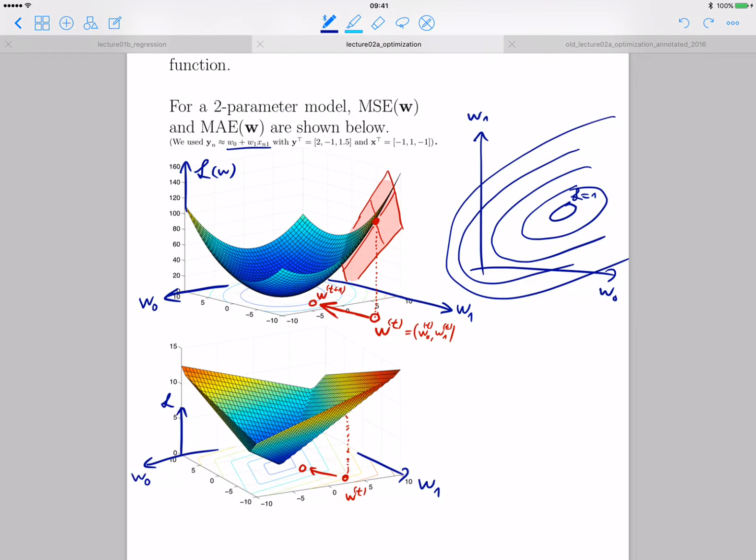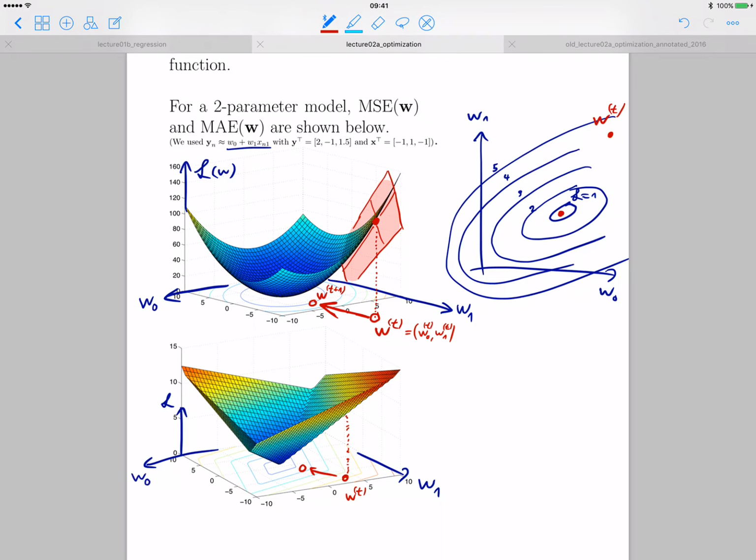So we want to plot the thing we have on the left. So it has a minimum in the middle, and then it gets higher. So this is the line with value 2, 3, 4, 5, and so on. Okay, what we want to do is we want to get to the optimum, which is here. But where we actually are is, let's say, here. That's our current iterate, as we call it, the current point, Wt, right?